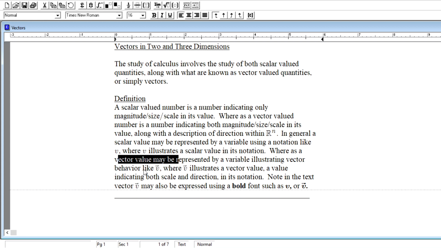Whereas if we want to consider a vector value in its notation, that is illustrated as you will see me do here, both on the board and in my notes, as I use this vector notation seen here, where it looks a lot like a scalar value, but I incorporate this arrow right above that scalar value. That arrow above that scalar value, that bar, is indicating that this value is actually a vector value. It's a value that highlights both a scale, a magnitude or size, and a direction associated with this value.